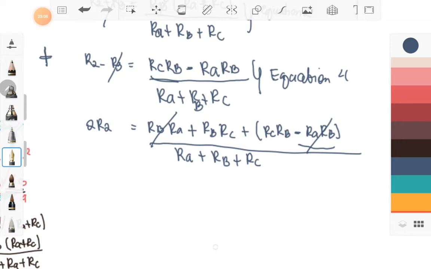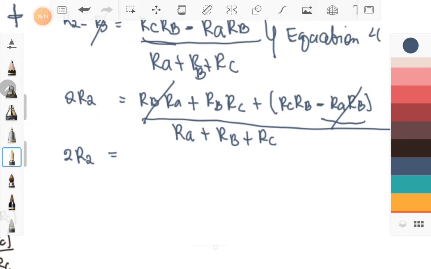So, we have an equation equal to 2R2 is equal to 2RB, RC divided by our RA plus RB plus RC.